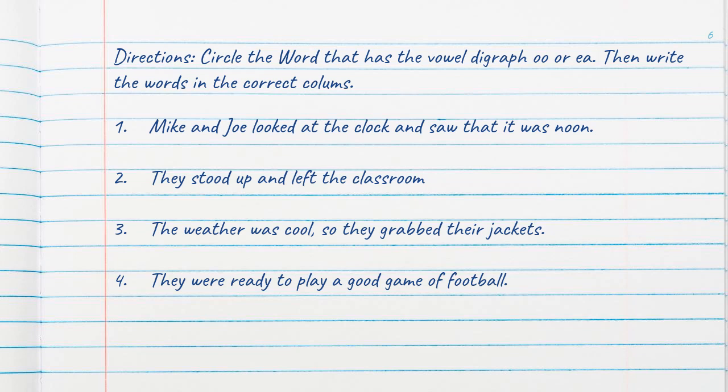Okay, let's read number 1. Mike and Joe looked at the clock and saw that it was noon. There can be more than one word with a vowel diagram. Can you identify the first one? That's right. Looked.